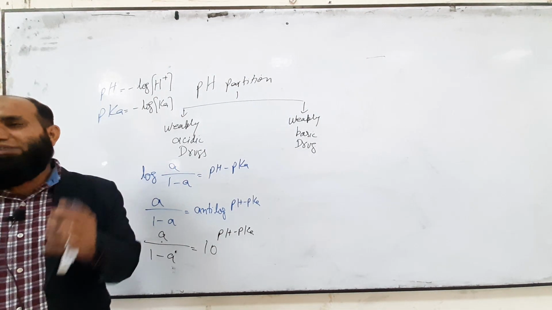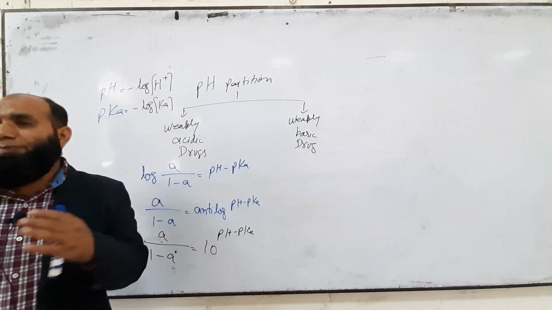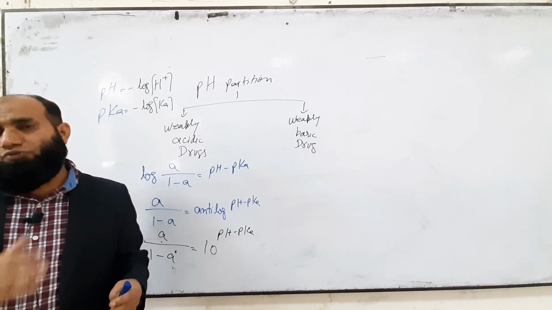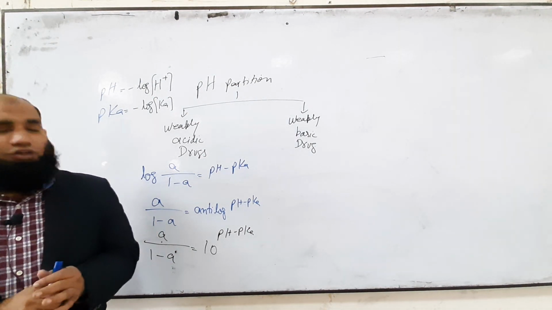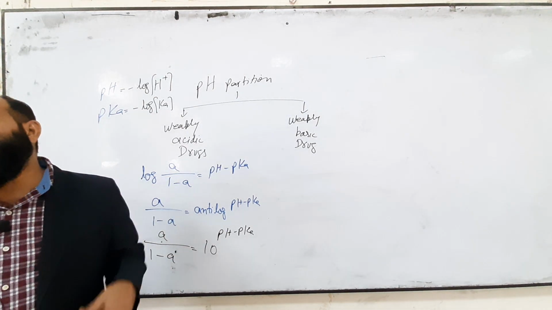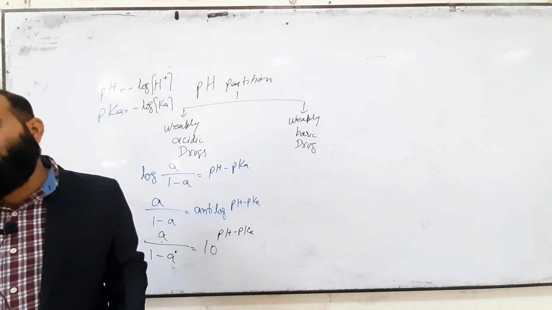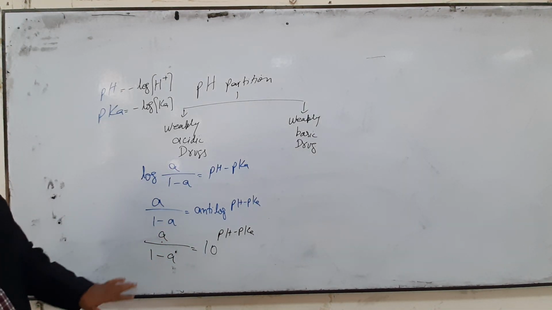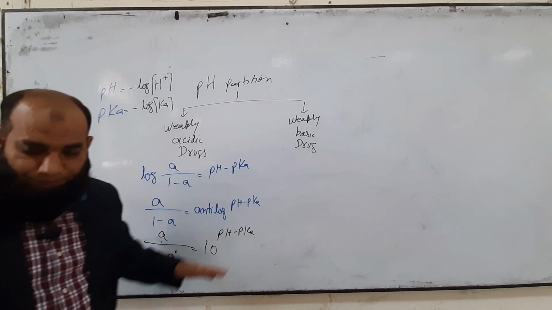So by using this theory, we can check at which particular sites of our body the maximum concentration of the drug is ionized and where the maximum concentration of the drug is unionized.